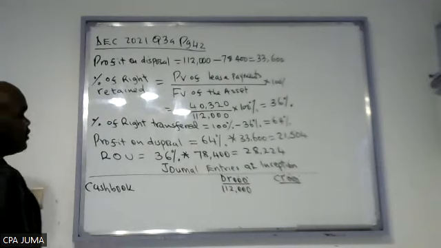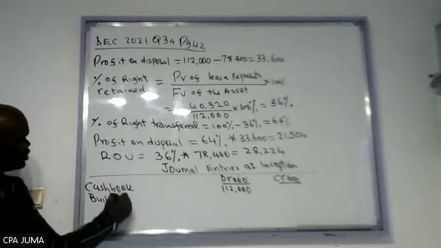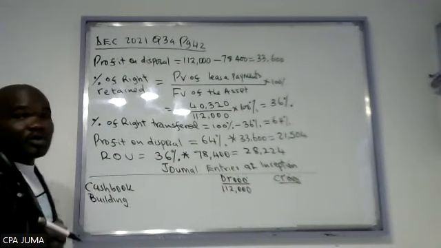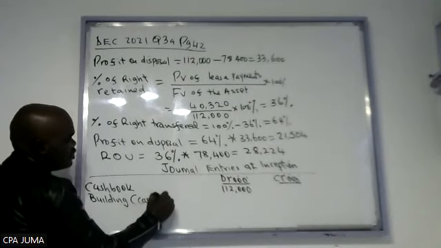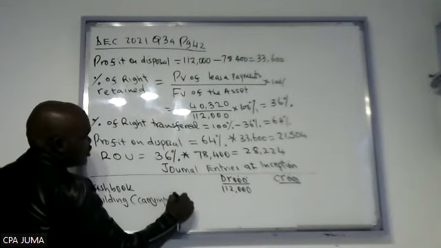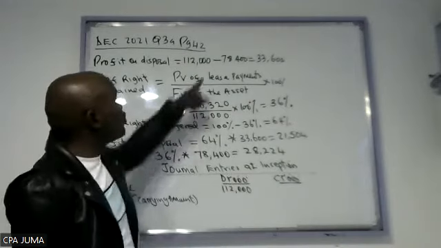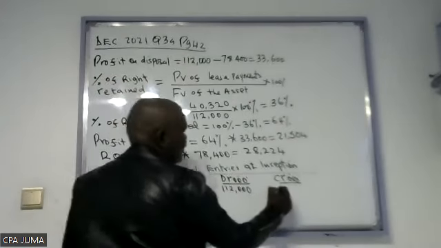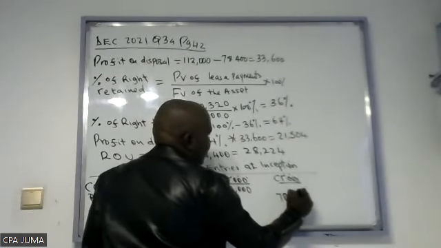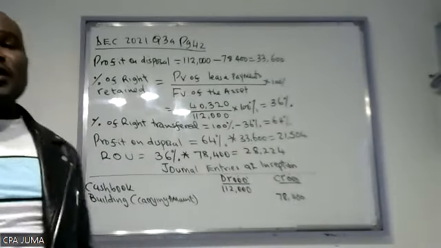So to recognize the building, you come here and say building at its carrying amount. So you eliminate the book value of that building in your books. The book value was 78. So credit 78,400, so that you remove it from the financial statement.